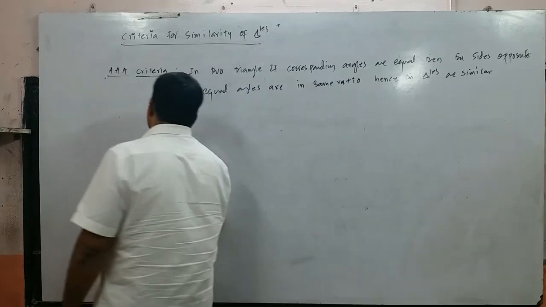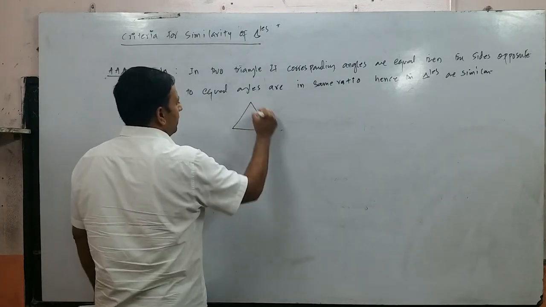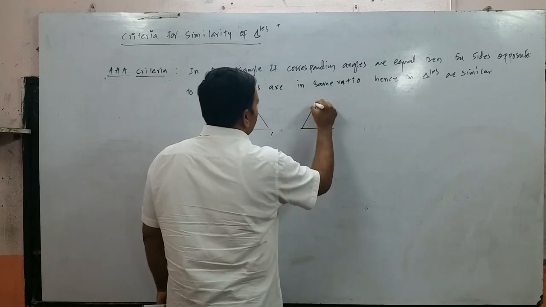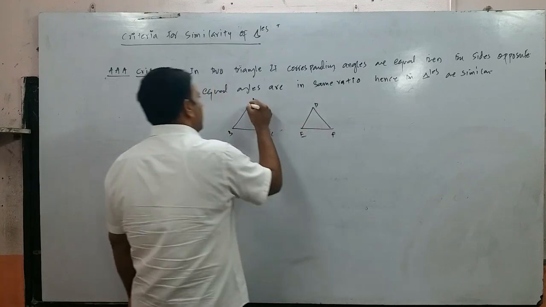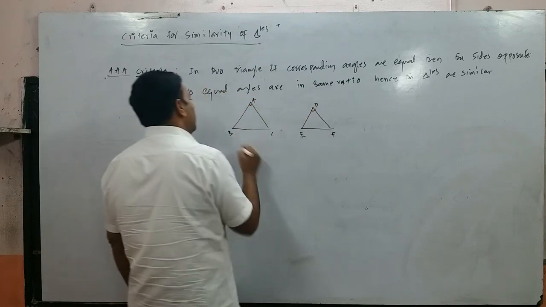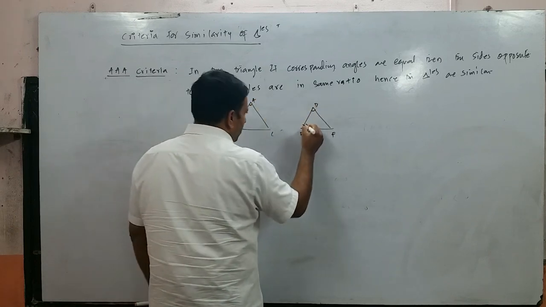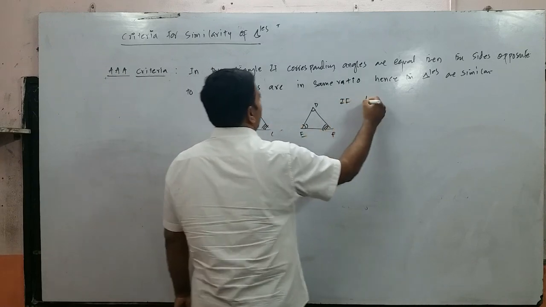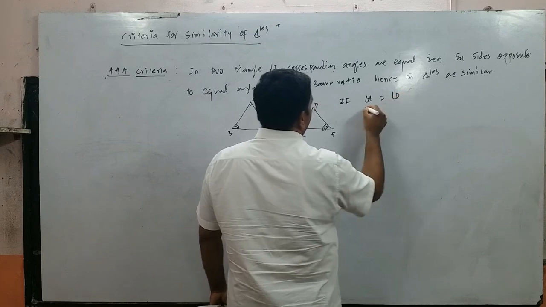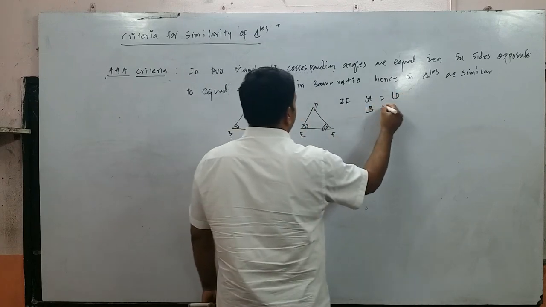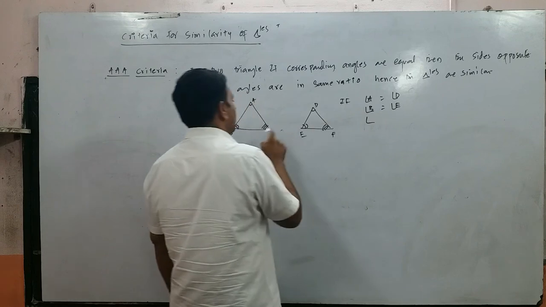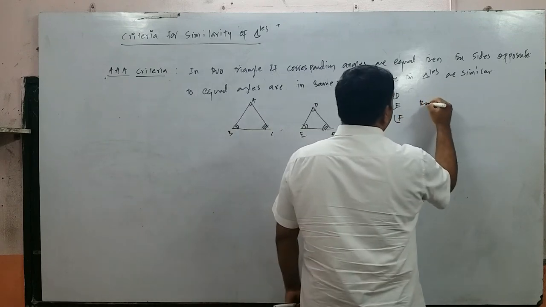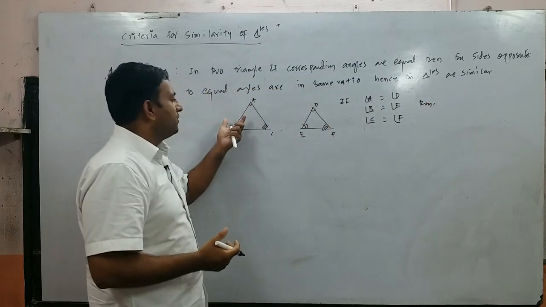It means there is a triangle ABC, there is a triangle DEF. Now this angle is equal to this angle, this angle is equal to this angle, and this angle is equal to this angle. So let me write, if angle A is equal to angle D, angle B is equal to angle E, angle C is equal to angle F, then the corresponding sides opposite to that.